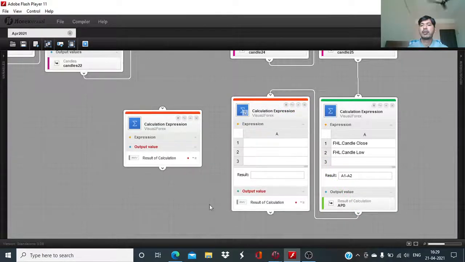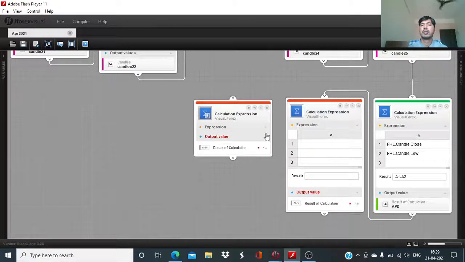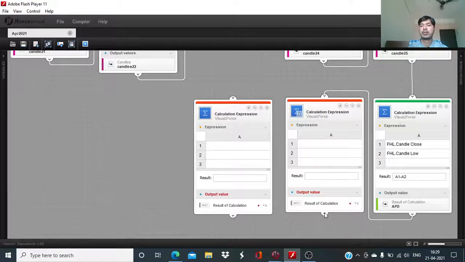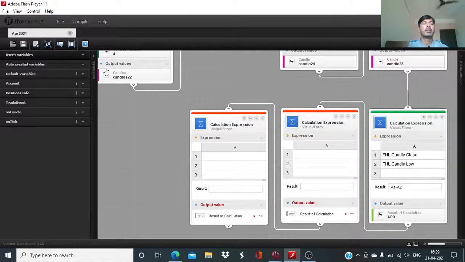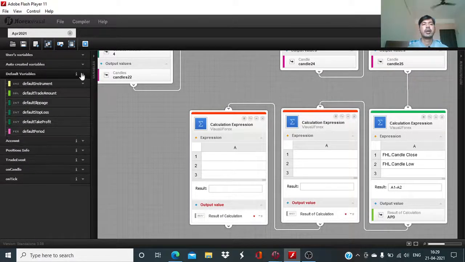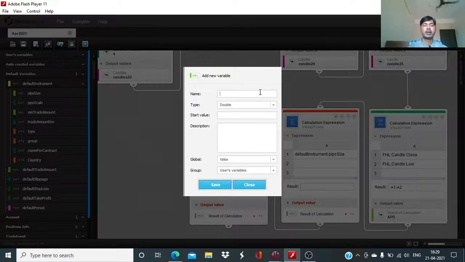First I will define 20 pips, and that is fairly simple to do. And to define 20 pips, you will need default instrument's pip size and multiply it by 20.